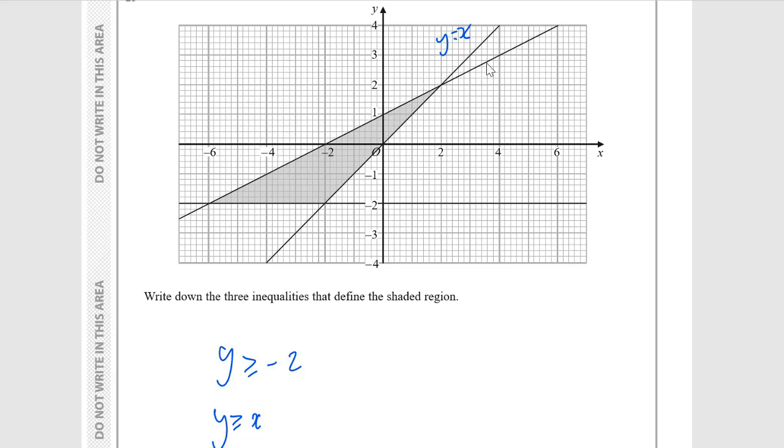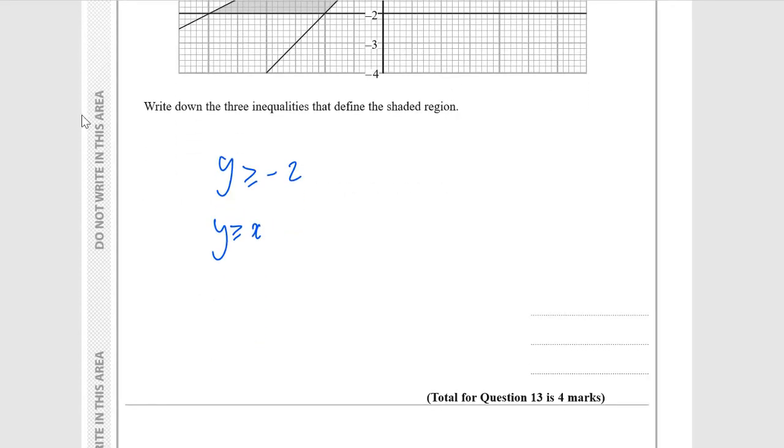So the equation of that line crosses the y axis, and we can work out its gradient. It goes 2 across and 1 up, so the gradient is half. So the y-intercept is 1, and the gradient is half.